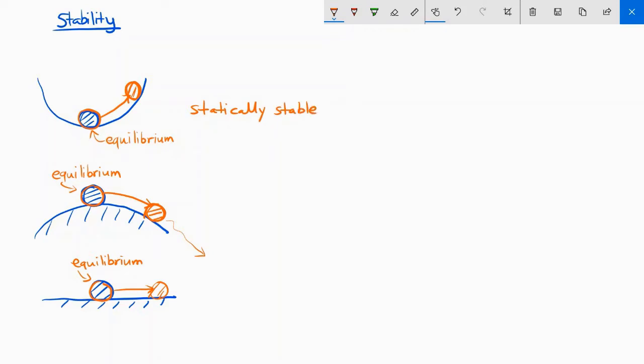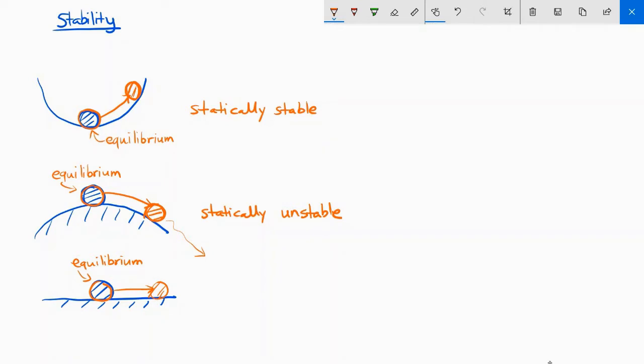In the second example, you push this ball and it goes more and more away from the equilibrium condition. This is an example of a statically unstable case. And then in the third example, you push the ball to a new location and it stays there.